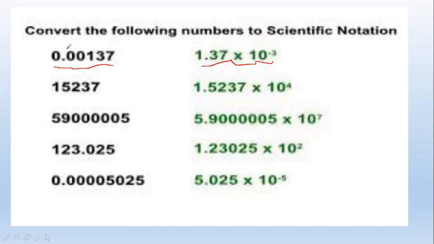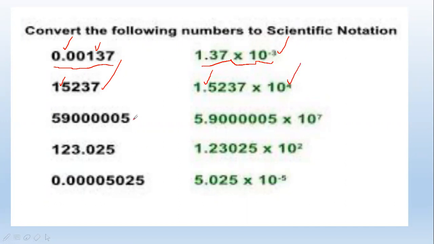The decimal place is shifted from left to right, so the power should be negative. Here, this is the decimal place and it is shifted to this. One non-zero digit before the decimal point, so it is scientific notation.